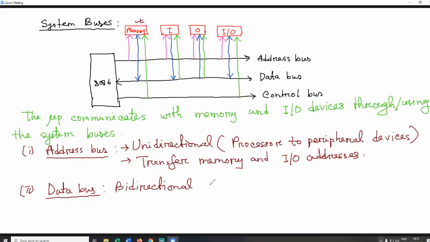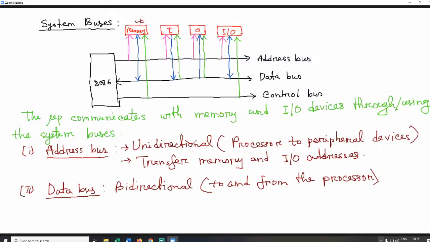So the processor can receive data as well as send data.